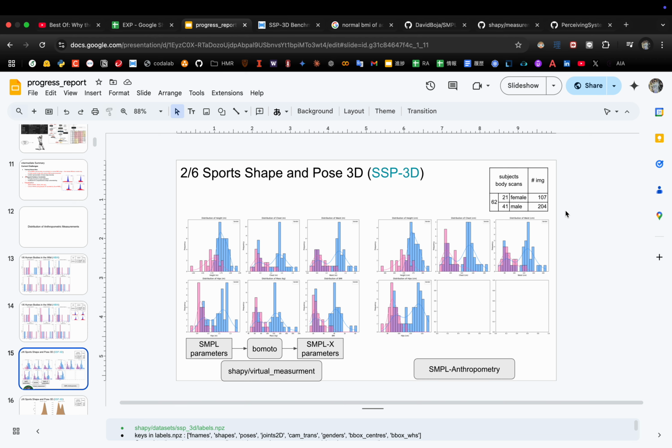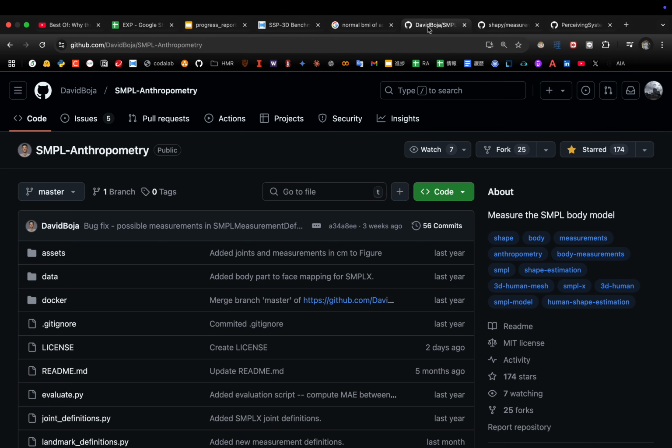Of course, there is another approach provided by this author, David Boja. They provide a model to directly predict the body measurement from SMPL parameters.